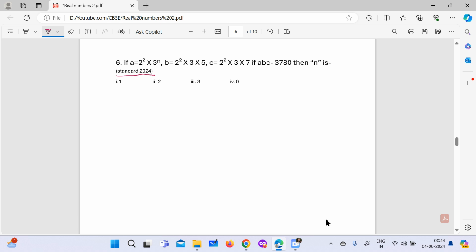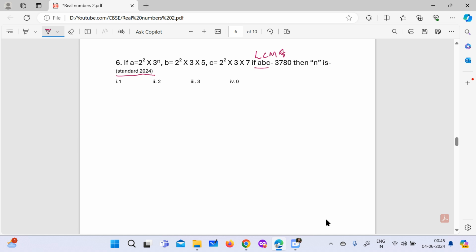If a is equal to 2 to the power of 2 times 3 to the power of n, b equals 2 to the power of 2 times 3 times 5, c equals 2 to the power of 2 times 3 times 7, and if LCM of a, b, c is 3780, then n is. So what is the value of n out of 1, 2, 3, and 0?